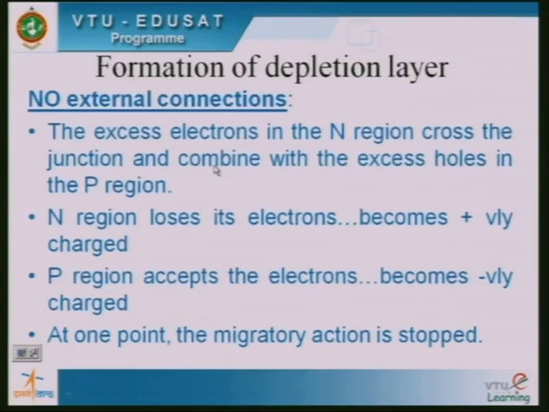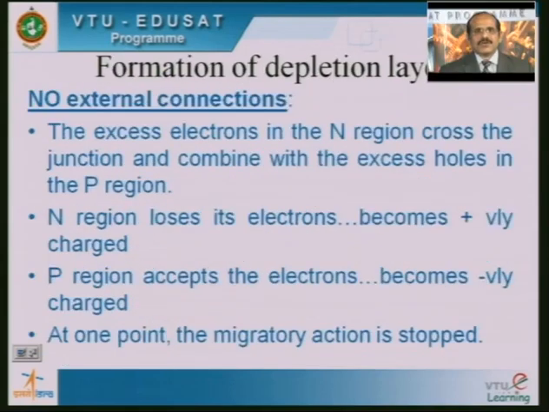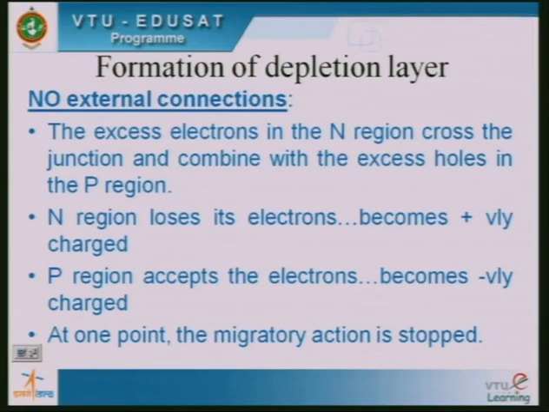We have also seen how the depletion layer is formed. When no battery connections are made, excess electrons from the N region cross the junction and combine with the excess holes in the P region. The N region loses its electrons, so it becomes positively charged, whereas the P region accepts the electrons and becomes negatively charged.